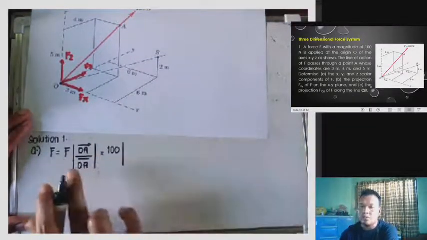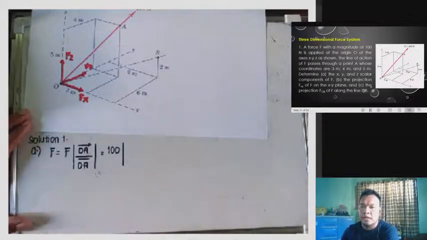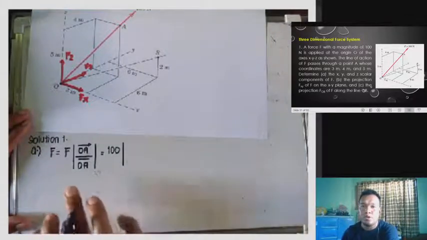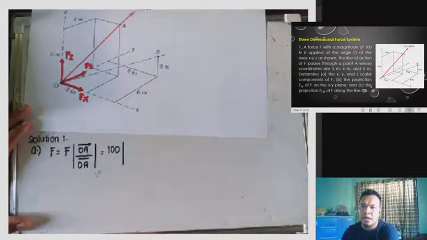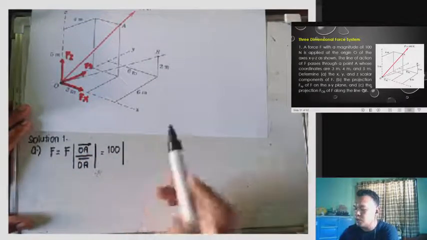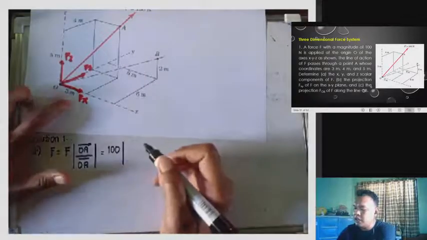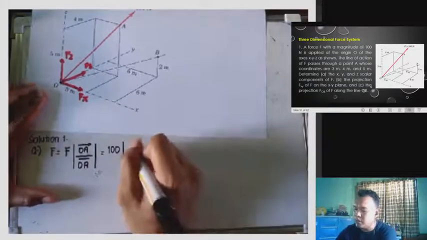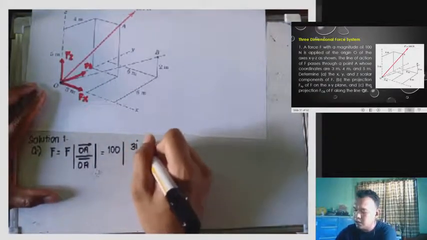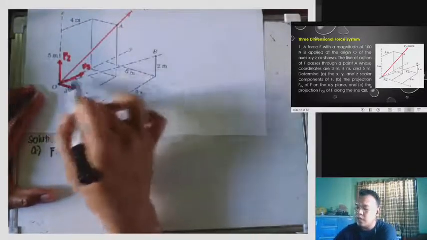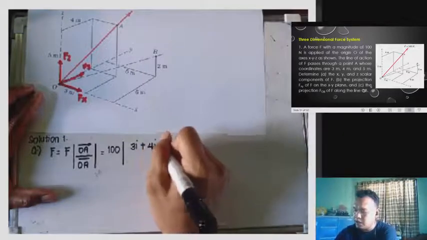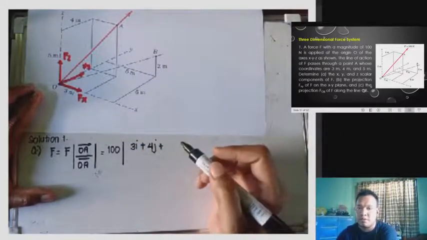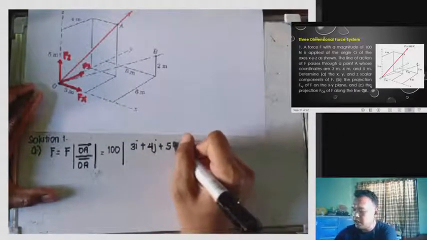Then, OA is what represents the coordinates, right? So, these are the coordinates, represented by I, J, and K. So, we have here 3 along the x-axis, so 3I, plus along the y-axis we have 4, so 4J, plus along the z-axis we have 5, so 5K.